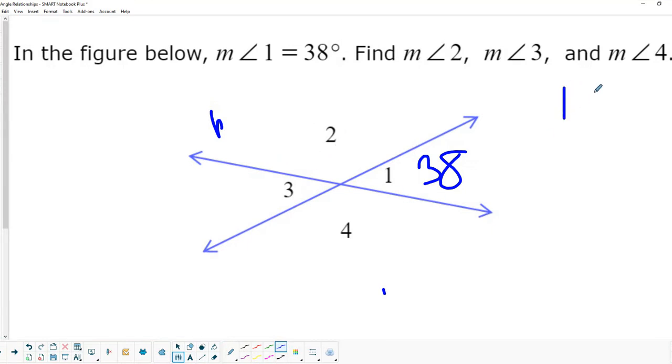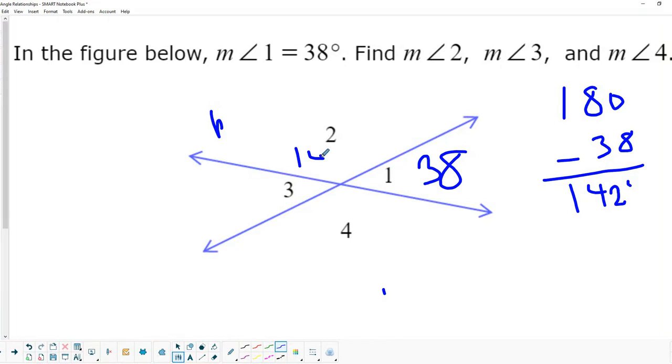So if you do 180 minus 38, you will get 142 degrees. So I know that these bigger angles are 142 degrees. So 142 up on top, 142 on the bottom like that, and 38 over there. So you found all 4 angles by just getting one of them to start with.